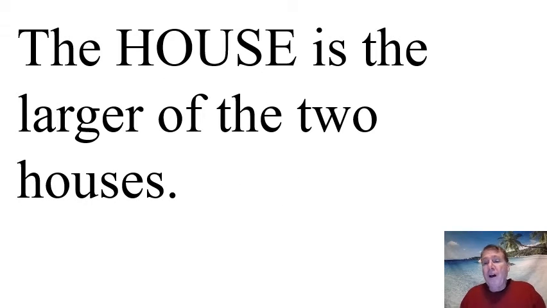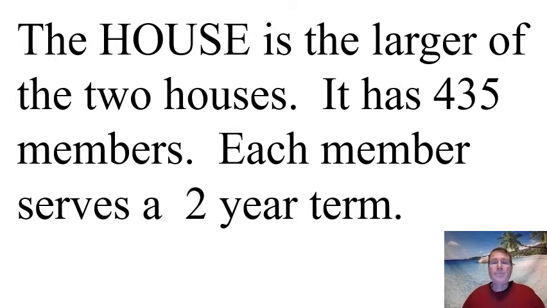The House of Representatives, oftentimes just called the House, is the larger of the two groups in the legislative branch of the U.S. government. The House has 435 members, so there's nothing magical about that number.